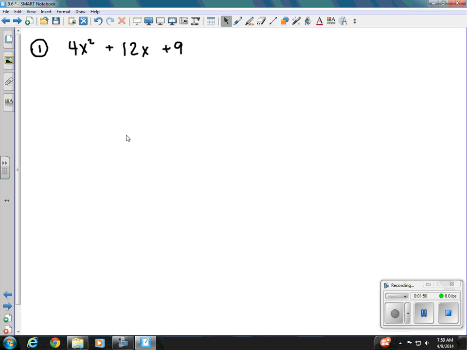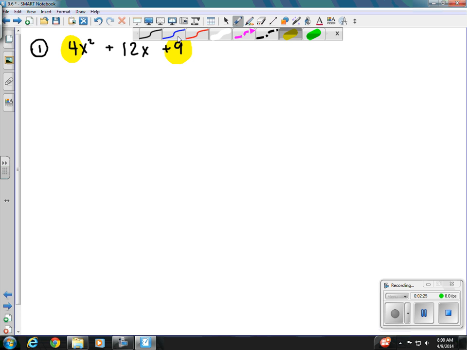So we check our A, our coefficient in front, our leading coefficient, and it's a 4. 4 is a perfect square, if you remember from our perfect square list we made in our notes. Then we check our last number, which is our constant, 9. 9 is also a perfect square.